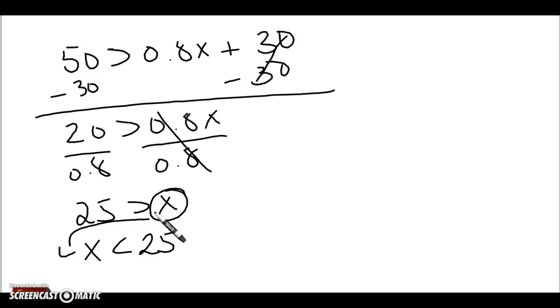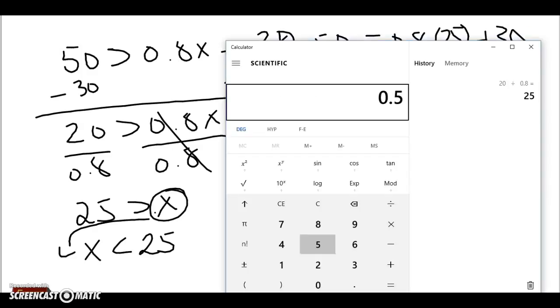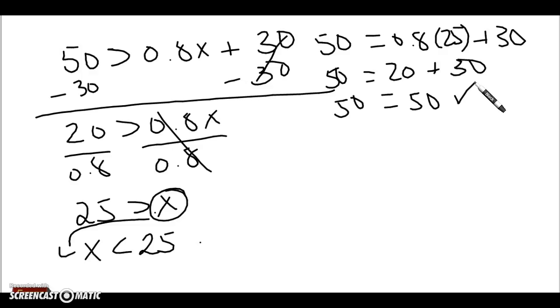Okay, so of course we'll check the endpoint first. So we have 50 equals 0.8 times 25 plus 30. So let's plug that in. 0.8 times 25 is 20. So I get 50 equals 20 plus 30, and 20 plus 30 equals 50. So that checks out. Let's do another number.